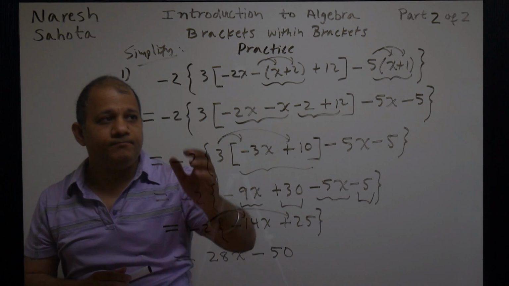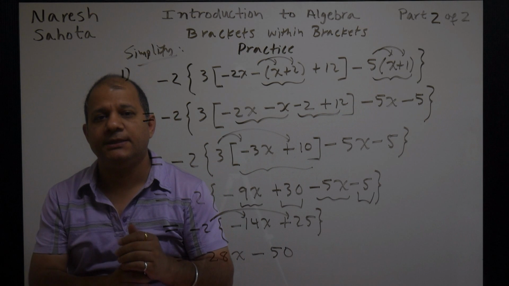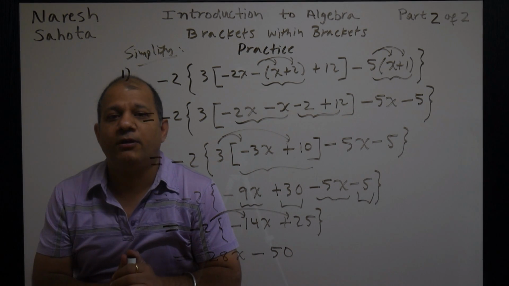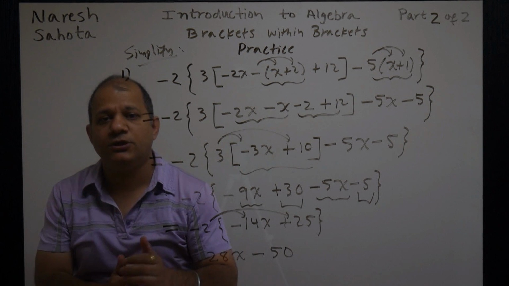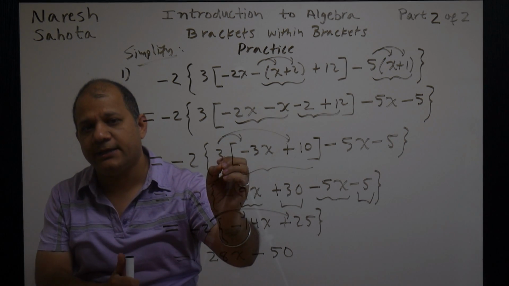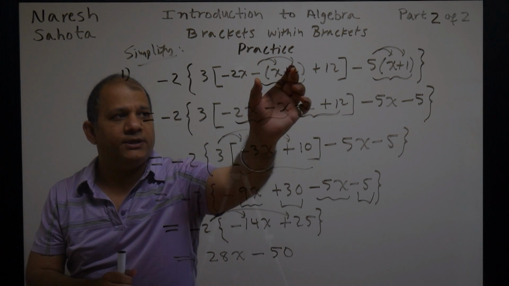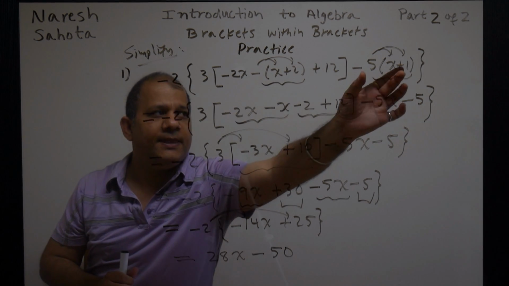So it was a lengthy question, but it made no difference to us because we were following our concept. The concept was we work from the innermost bracket and work our way from the inside out. So we dealt with this bracket first and that bracket.